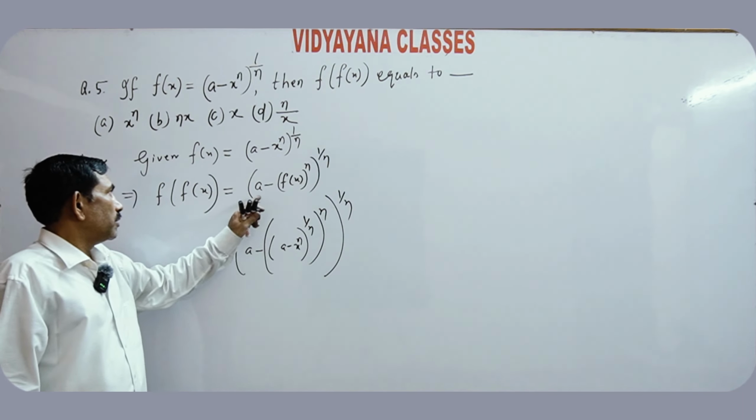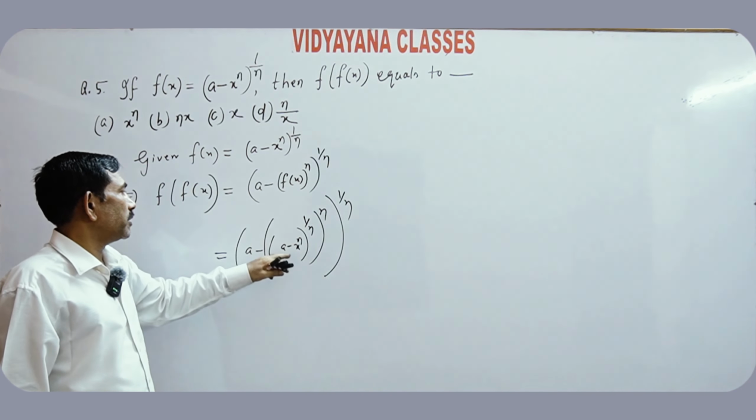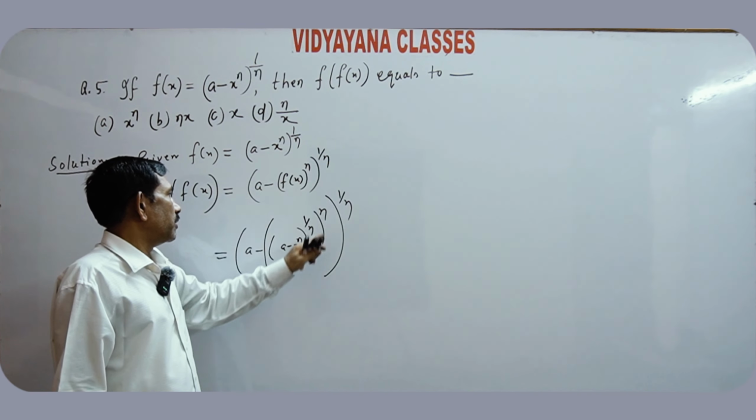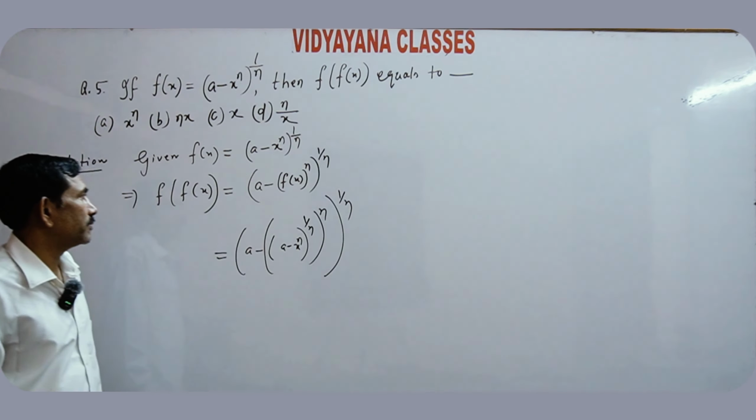Clear? a minus fx. What is fx? a minus x to the n whole to the power 1 by n, to the power n, whole to the power 1 by n.